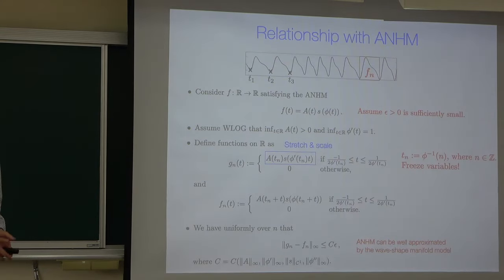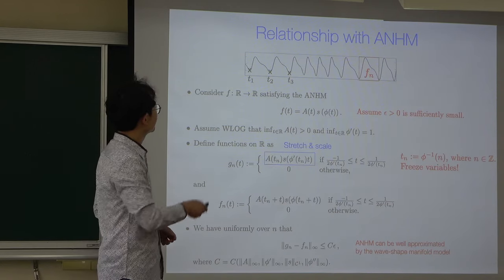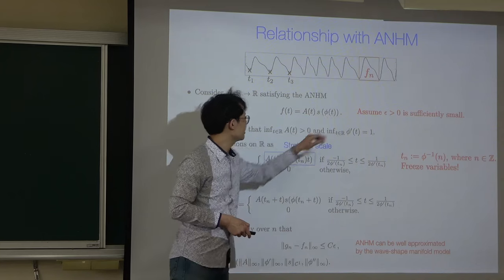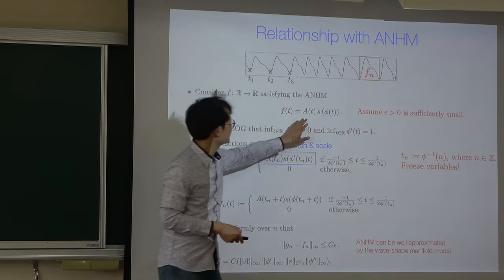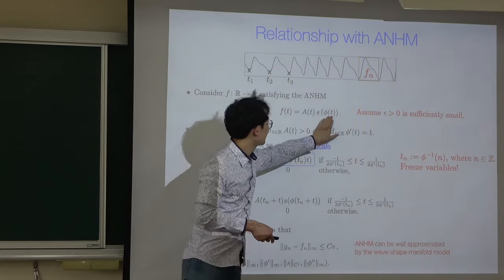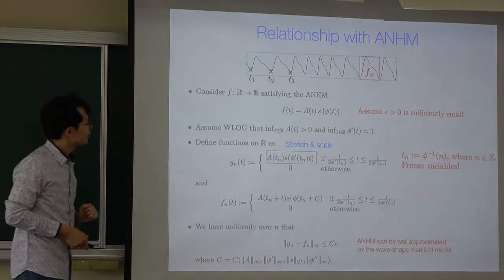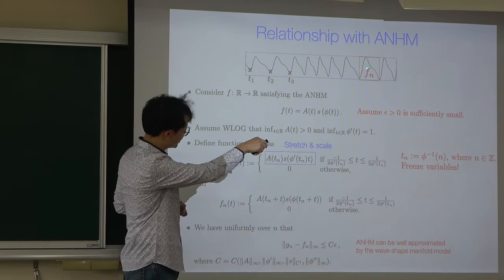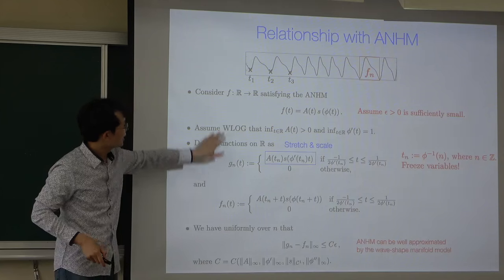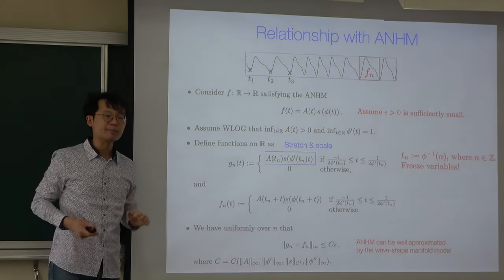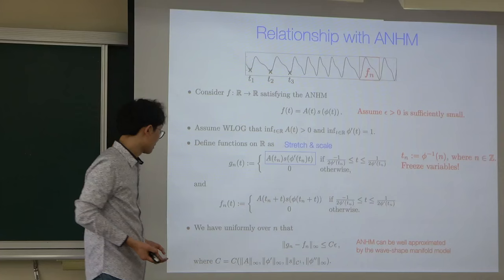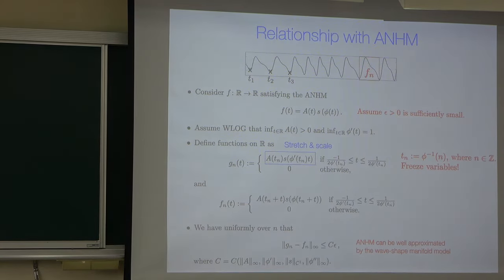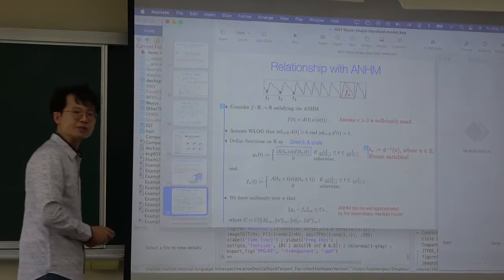And there is even a theorem: you can consider an adaptive non-harmonic model that satisfies A, S of phi, and if you make some basic assumptions about amplitude modulation and the phase, then you can truncate the signal into pieces, and for each truncated piece, you can prove that it can be well approximated by a two-dimensional manifold. Okay, so this is for the first part.